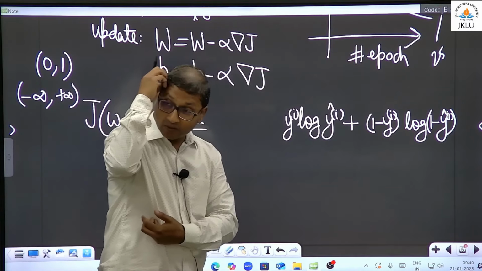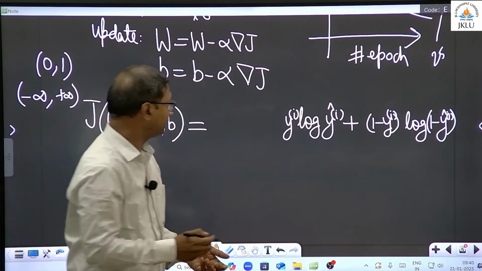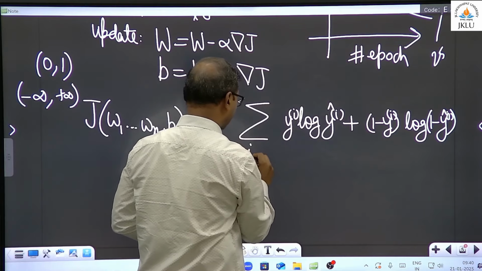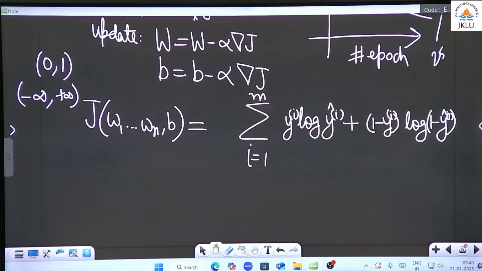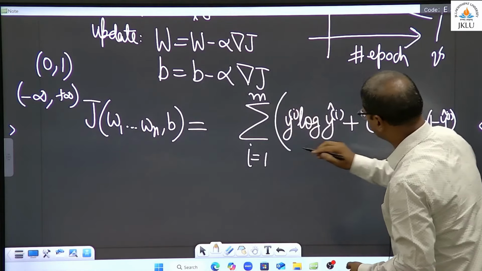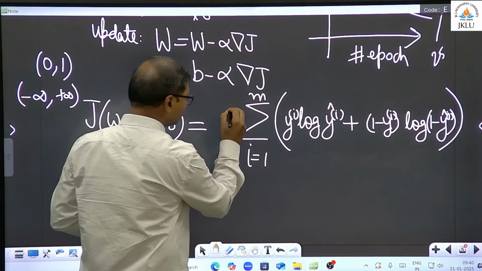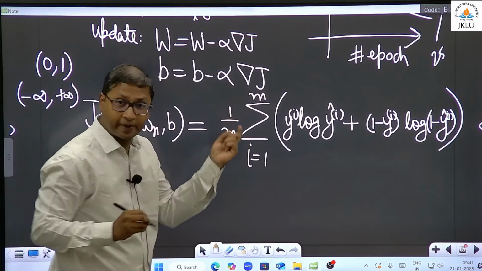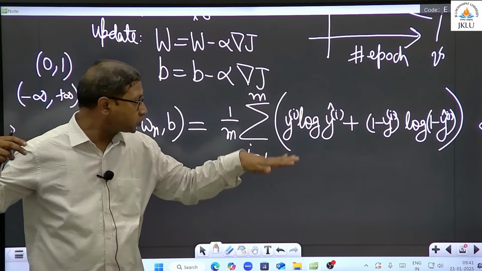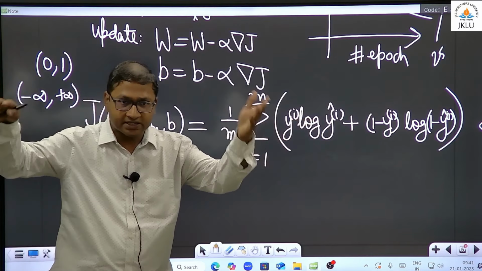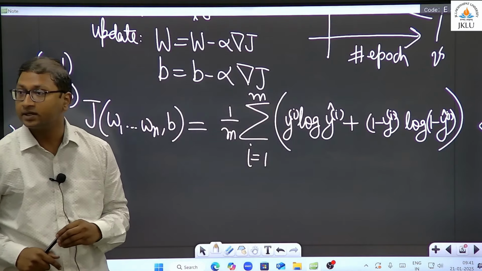How do I generalize it to everything? Summation. So I take summation i equal to 1 to m. And 1 by m, because we know averages are actually better than sums, right? For what reasons? It makes two cost functions, it makes two data sets in some sense comparable, okay? And then the last thing that is missing is the minus.